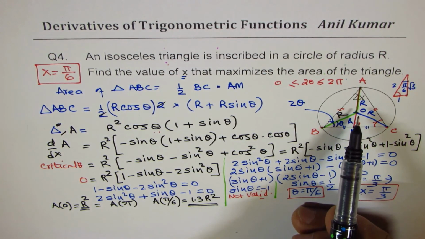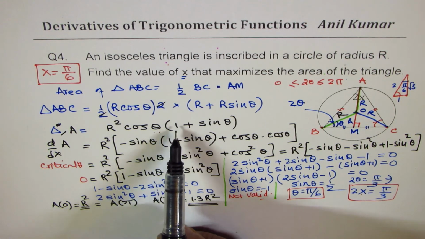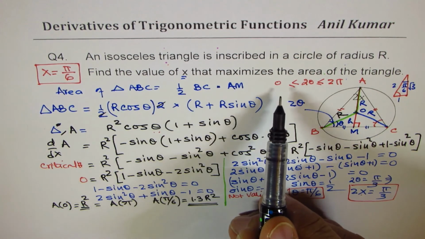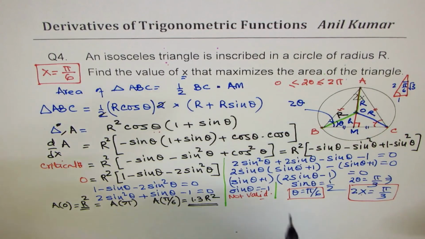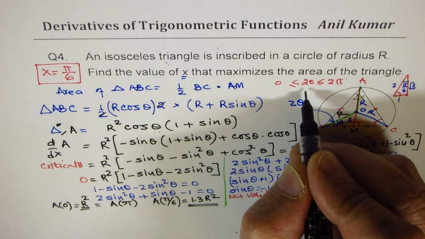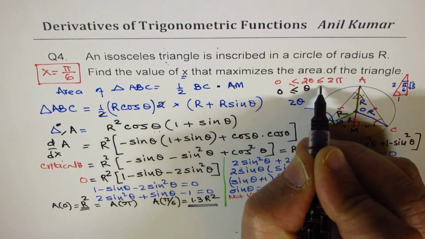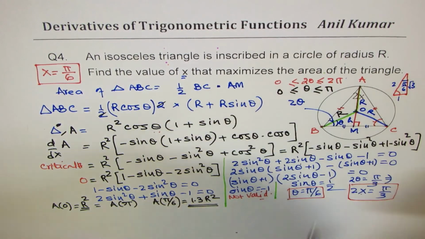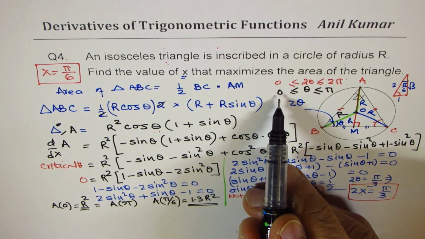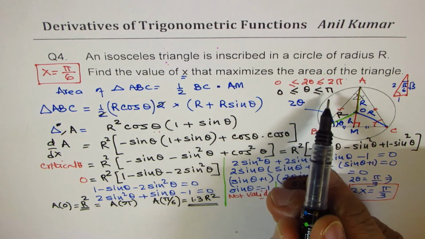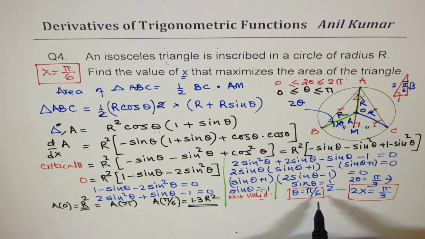So find the values of the area, r square cos theta times 1 plus sine theta, at the extreme values for theta, which are 0 and pi, and at the critical number, which is pi by 6.